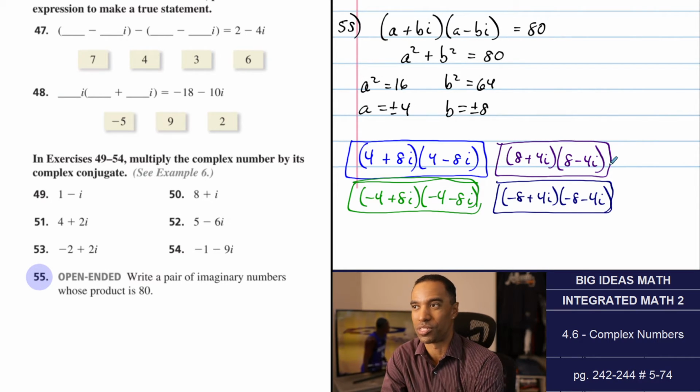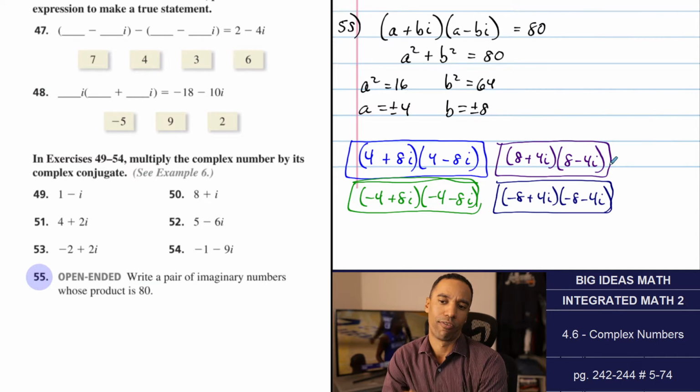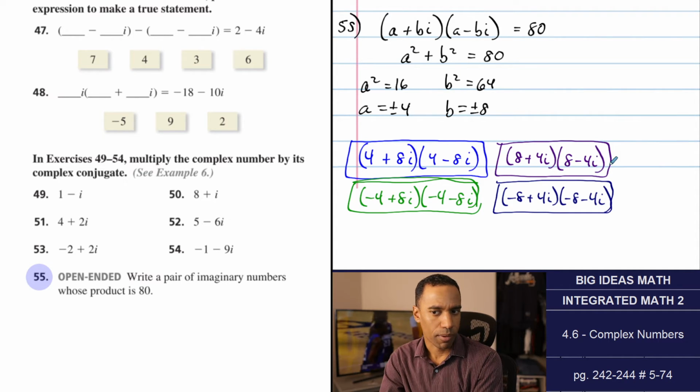Those will work because root 79 squared is 79. So 55, no, 36, 44, no. So those are the only ones that work for rational numbers, I suppose.